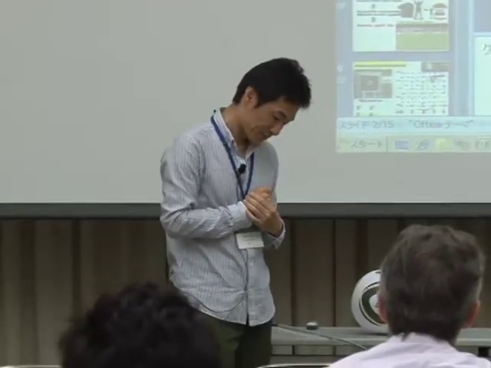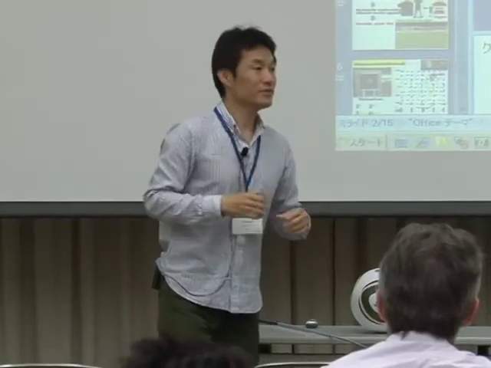I don't know the criteria when Adidas makes the ball. How should I say? If we make the game more fast, I can suggest this kind of ball is good. But if you make the game more slow, I can suggest, okay, you should use this kind of ball.